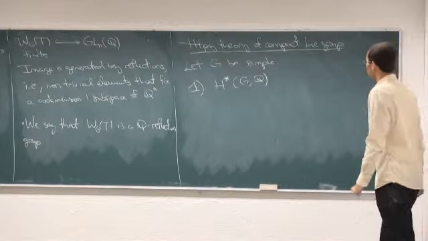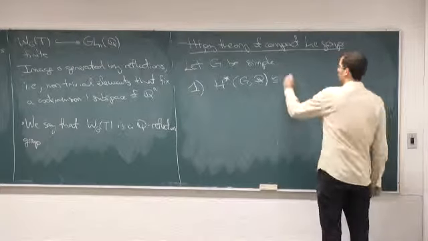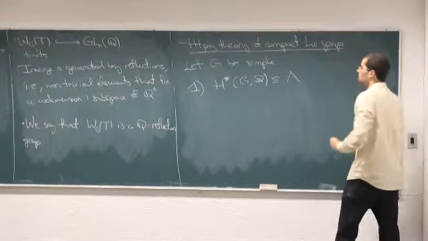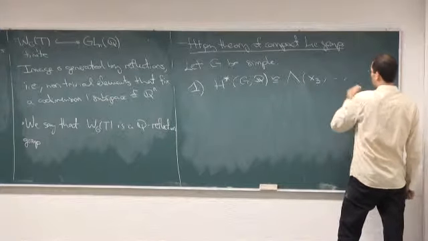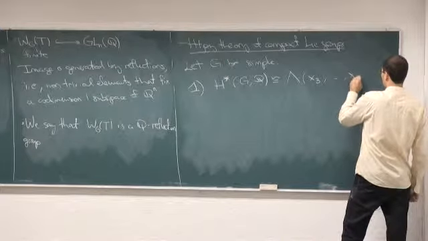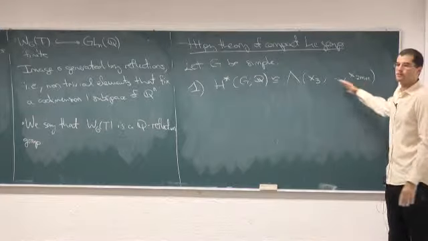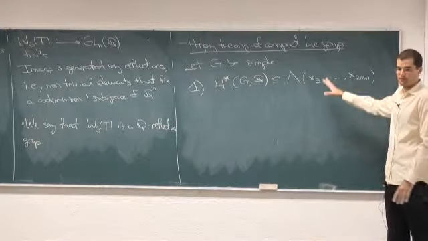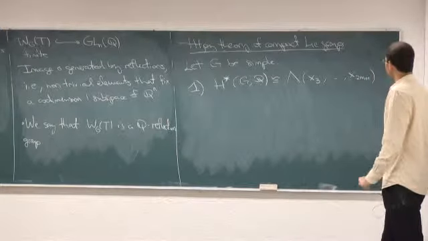So this turns out to be isomorphic to an exterior algebra on a certain number of odd dimensional generators, of degree 2n plus 1. They don't have to be consecutive, but they have to be odd dimensional, all of them. And it has to start from degree 3.